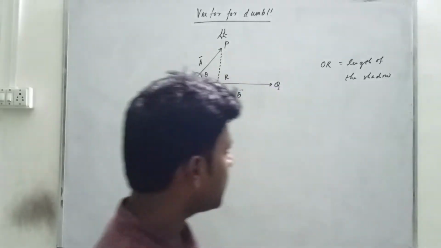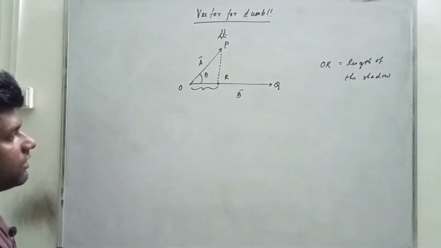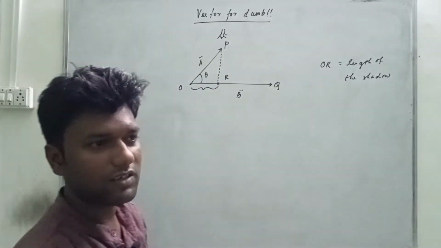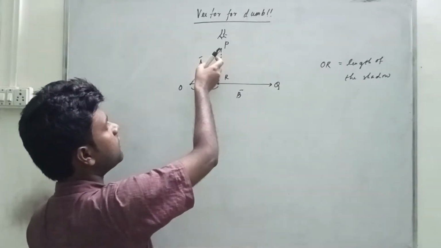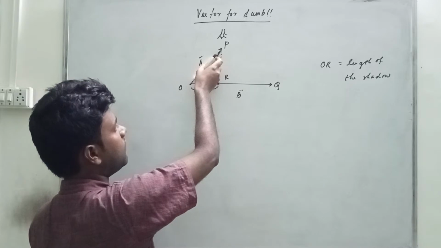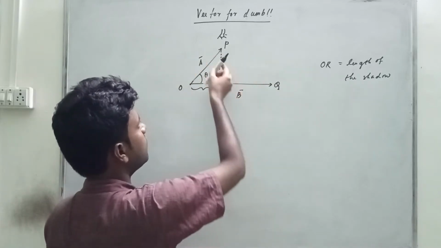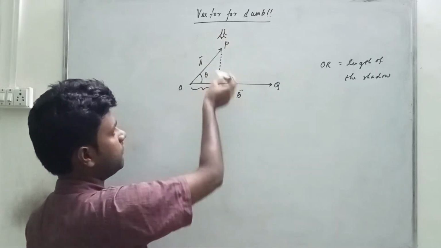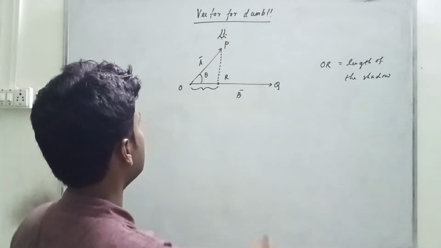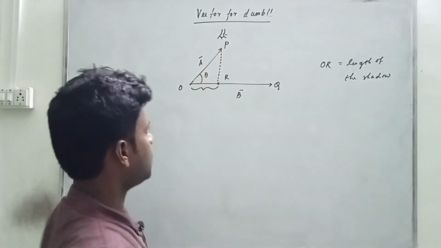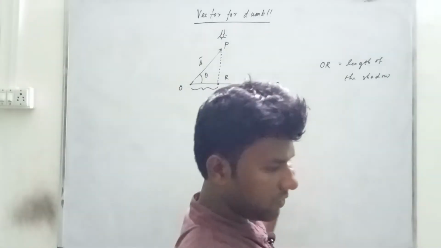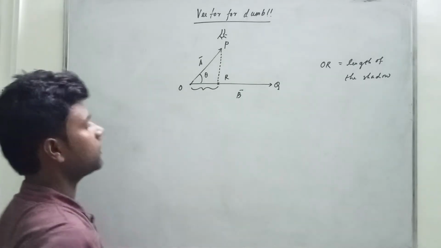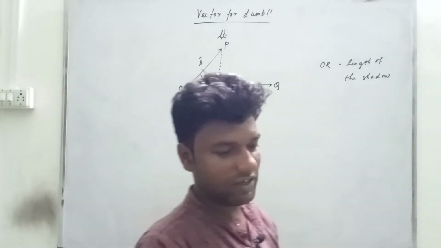Just imagine the length of the shadow, or you can call it a projection, because you just project the vector A on the vector B. If you light a candle perpendicular to that vector B, the shadow is actually this projection, right?